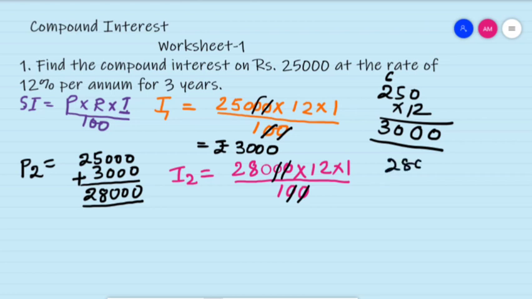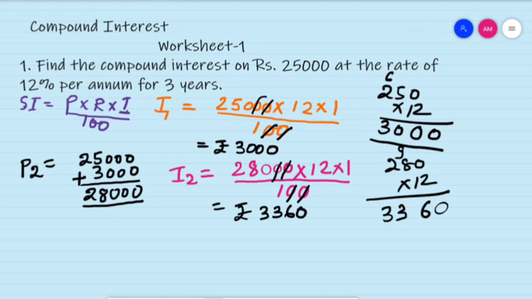Let us quickly find out what is 280 into 12. 12 zeros are 0, 12 8s are 96, 9, 12 8s are 96, 9, 12 are 24 and 9. That will be 33, 3,360. Now children, the amount he has earned as interest after the second year is 3,360.